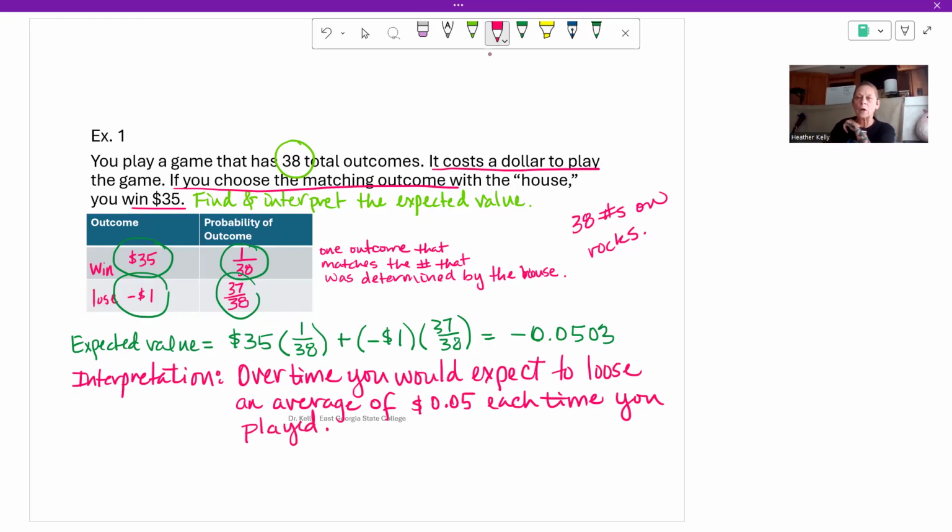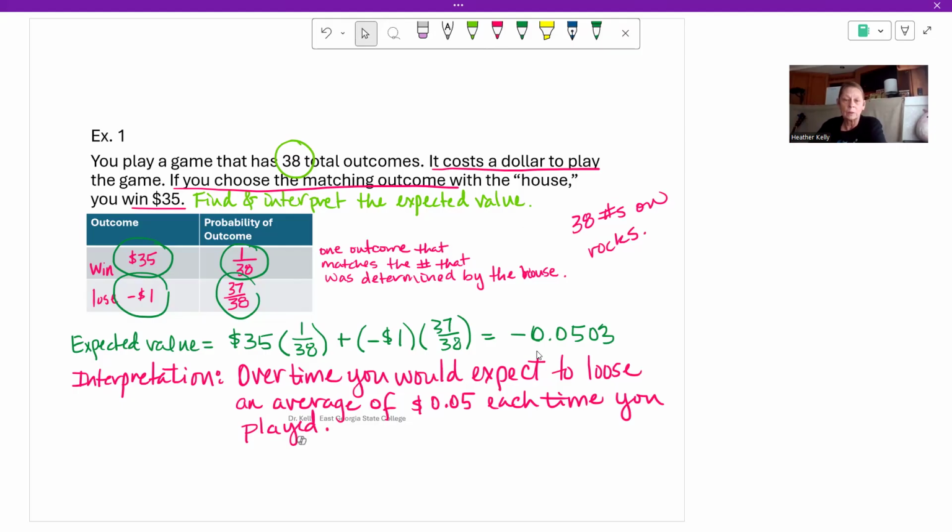Now, to be noted, expected value doesn't give you a probability. Notice that. Expected value does not give you a probability. Expected value gives you an idea of what you may gain or lose if you participate in the game.